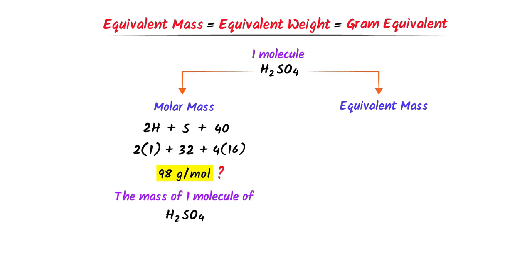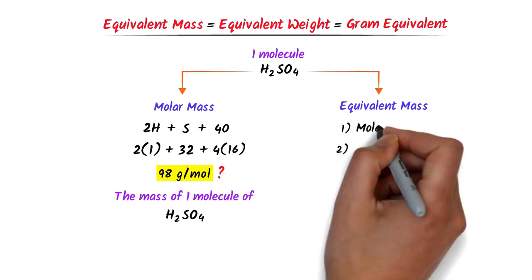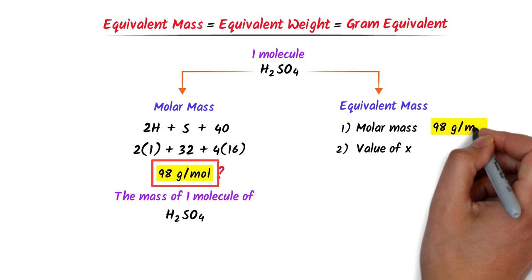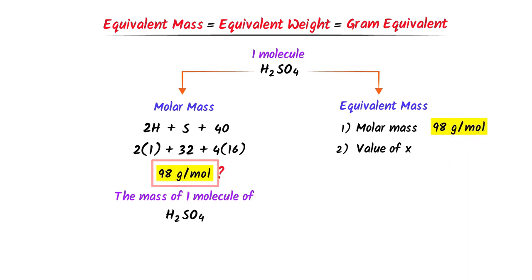Now what about equivalent mass? Well, to calculate equivalent mass, we need 2 things. I mean, molar mass of a molecule and the value of X. We know that the molar mass of H2SO4 is 98 gram per mole. Secondly, we can see that there are 2 atoms of hydrogen present in H2SO4 which will dissociate in water or in any solution.